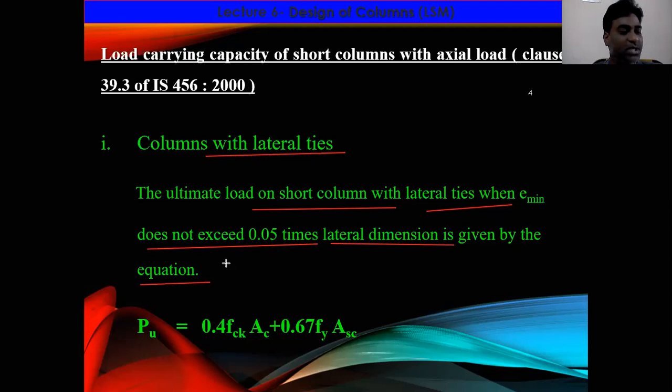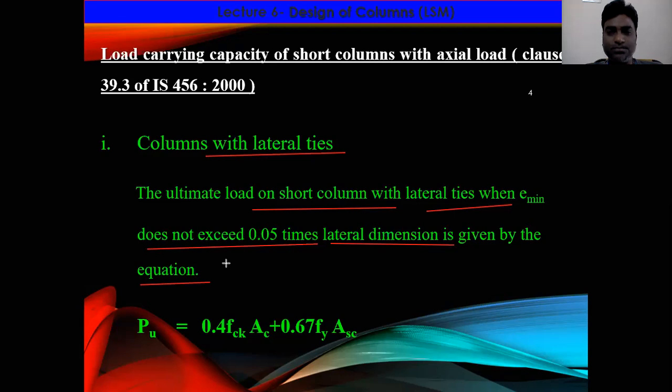That is, the member shall be designed by considering the assumptions given in 39.1 and the minimum eccentricity. What is the 39.1 assumption? That all members in compression shall be designed for the minimum eccentricity. That is what I reminded you of in the last class; we discussed the eccentricity.